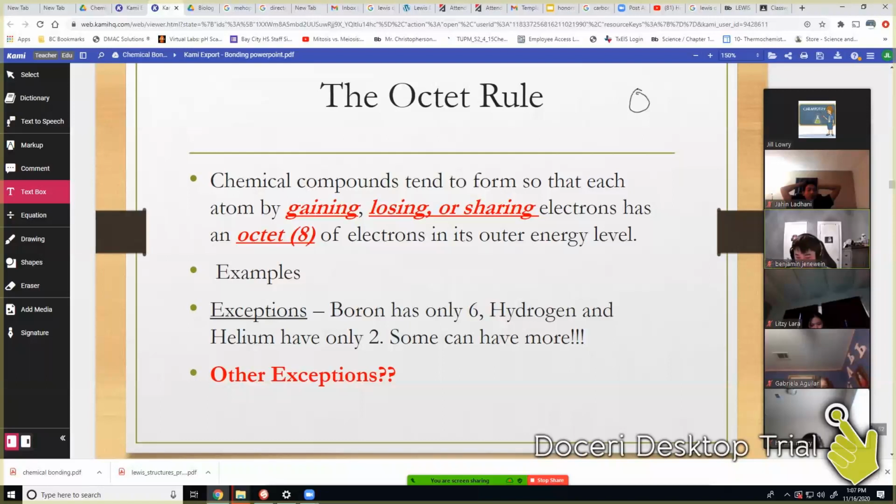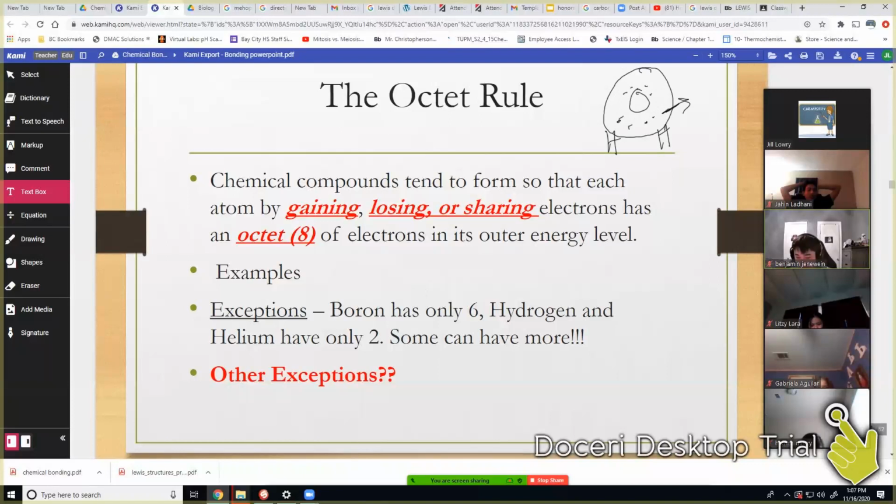An example of that, we can look at water. These are the covalent bonds right here between the hydrogen and the oxygen. By sharing electrons, one from the oxygen and one from the hydrogen, that oxygen is able to get an octet.